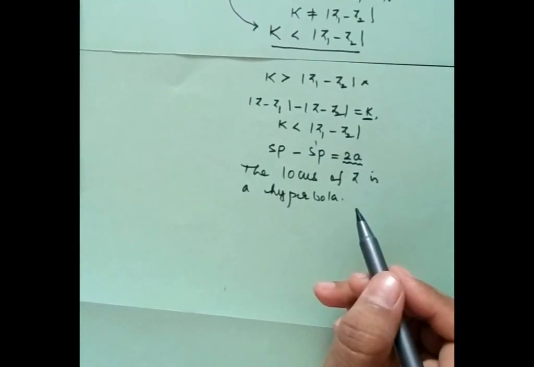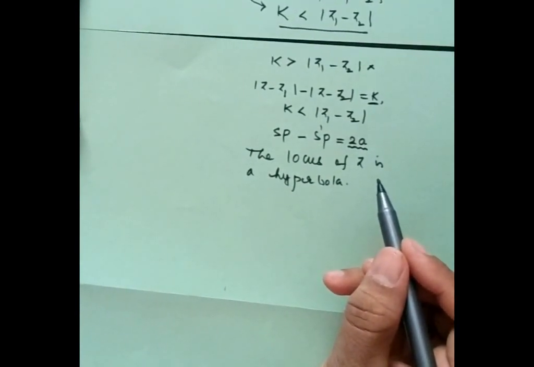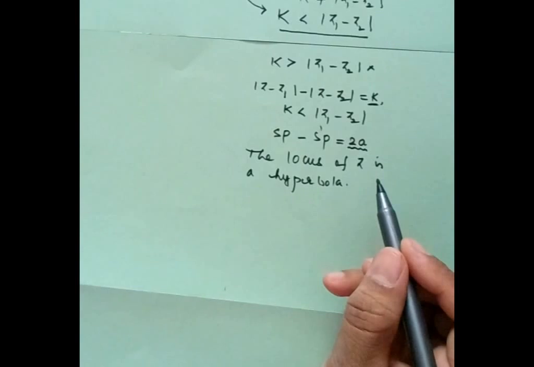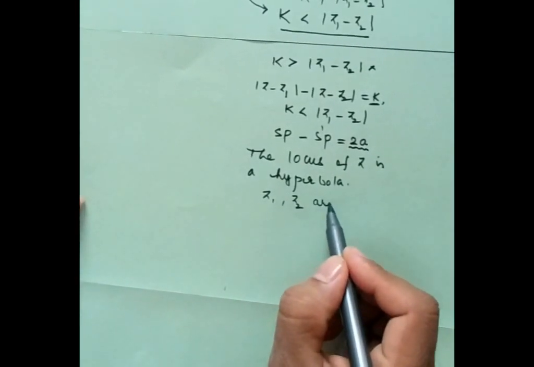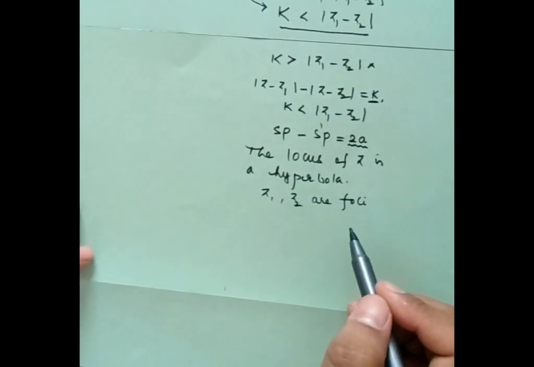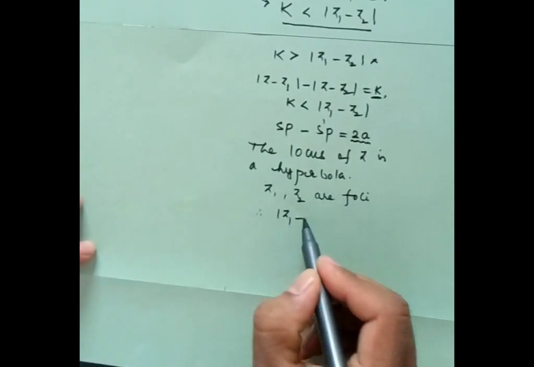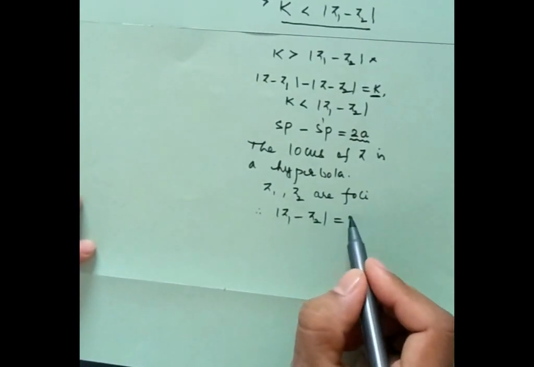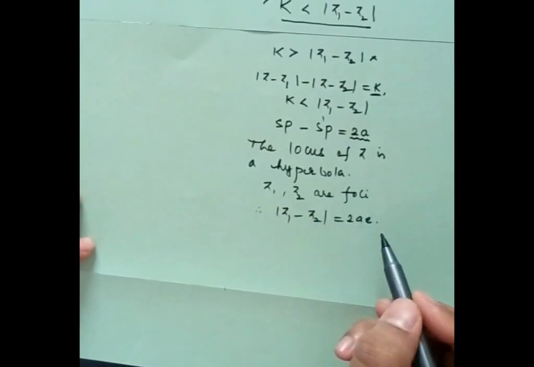If the locus of z is a hyperbola, what are z1, z2? Those two fixed points are called the foci of the hyperbola. So z1, z2 are the foci. The distance between the foci is 2ae, therefore modulus of z1 minus z2 equals 2ae, where e is the eccentricity, which is more than 1.